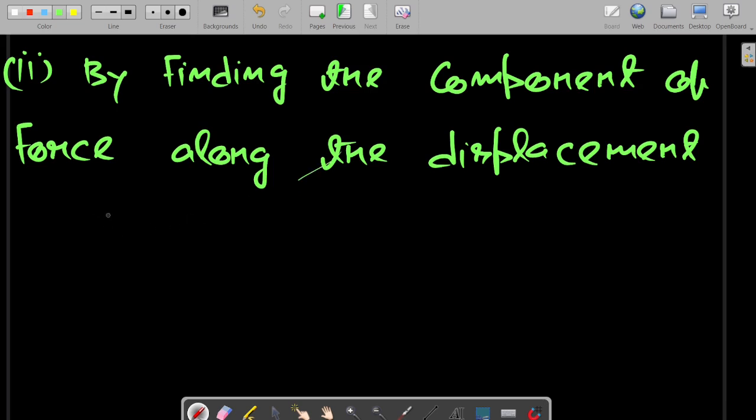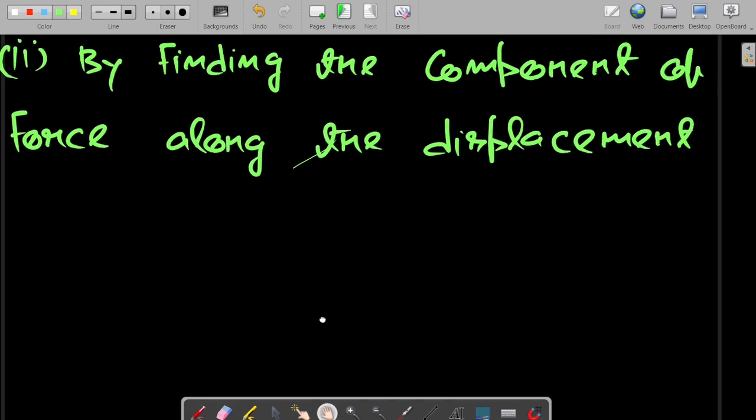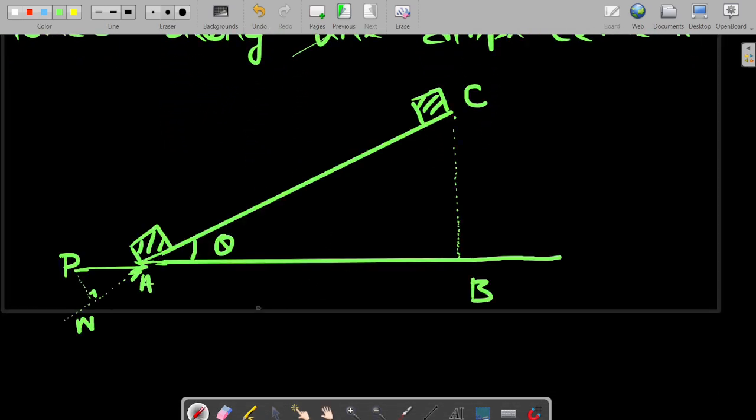So we will see this also. Here this is any body, and here vector PA represents the magnitude and direction of force.